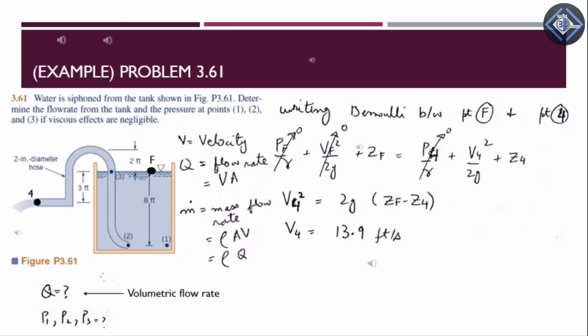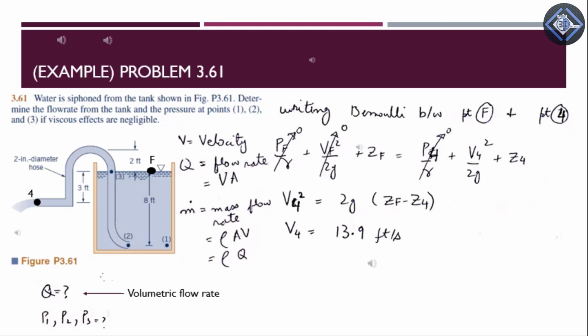So we can assume both the pressures to be the same and equal to 0 gauge. Velocity Vf will be 0 because we are assuming the tank to be sufficiently large. So we neglect Pf, Vf, and P4 in our Bernoulli equation that you can see written on your screen. Velocity V4 comes out to be 13.9 feet per second.